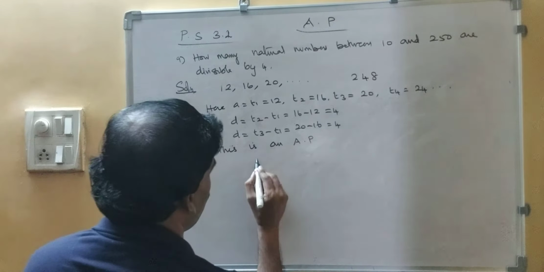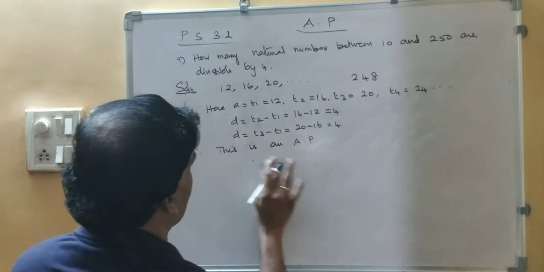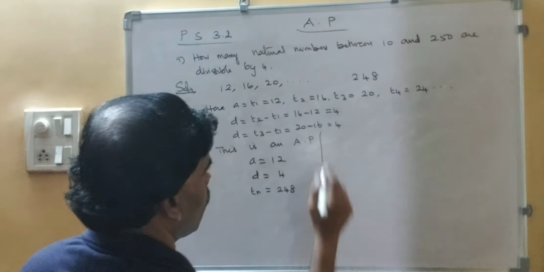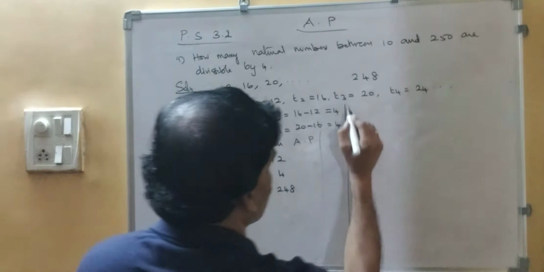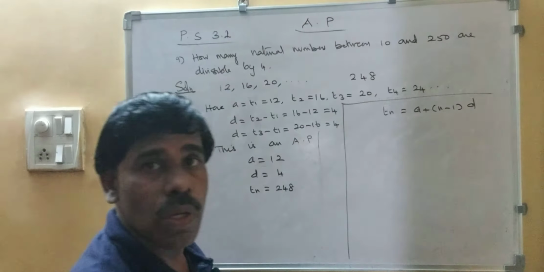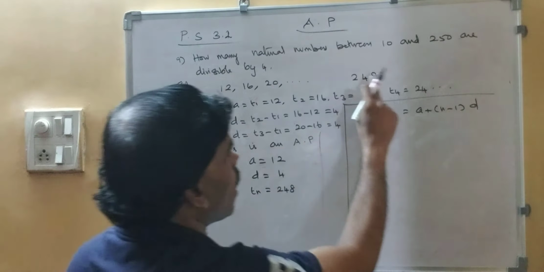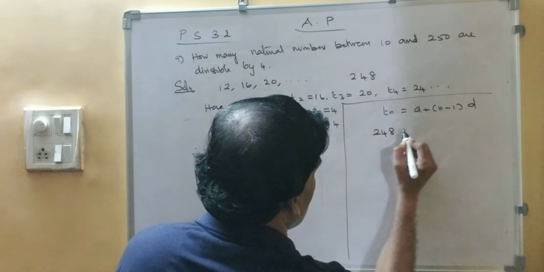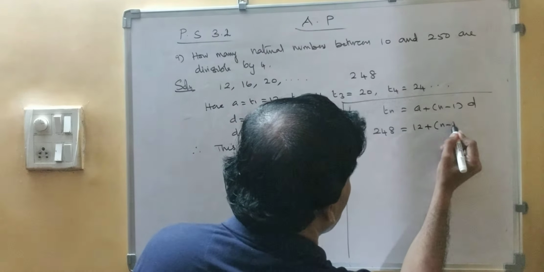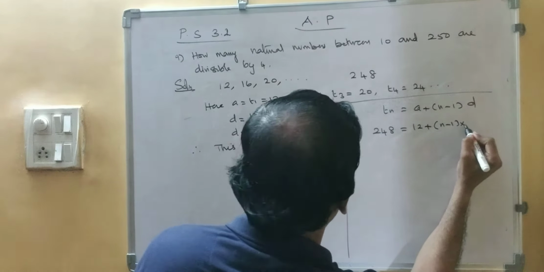Now what you have to find out is how many natural numbers from 10 to 250 are divisible by 4. So A equal to 12, D equal to 4, and Tn equal to 248. Now Tn equal to A plus n minus 1 into D. 248 equal to 12 plus n minus 1 into 4.